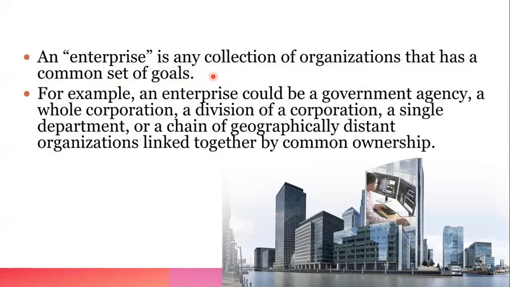Or you can have companies working together, and they make a business. For example, an enterprise could be a government agency, a whole corporation, a division of a corporation, a single department, or a chain of geographically distant organizations linked together by common ownership. So like the companies that have branches in different countries. That is an enterprise.